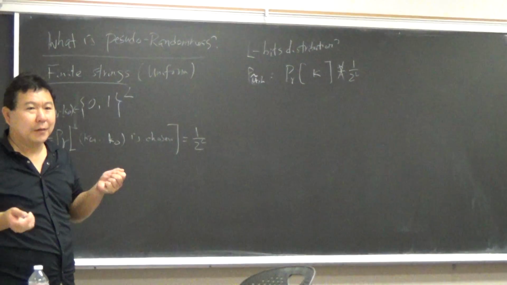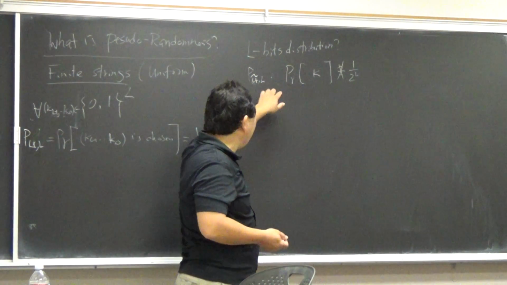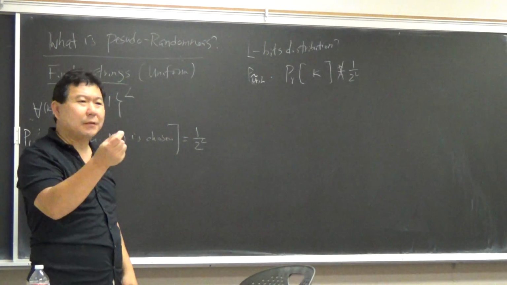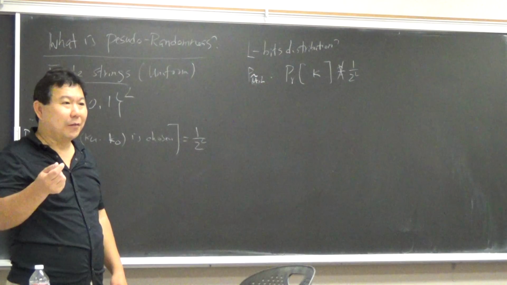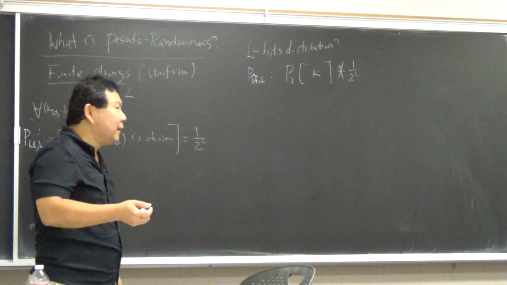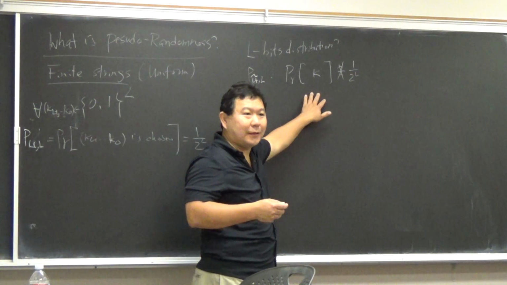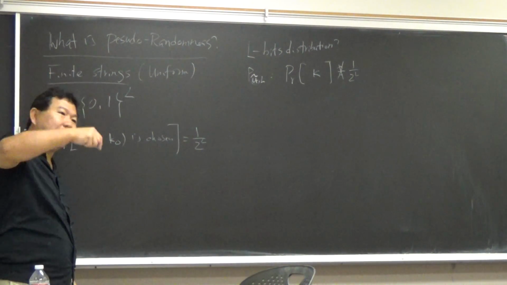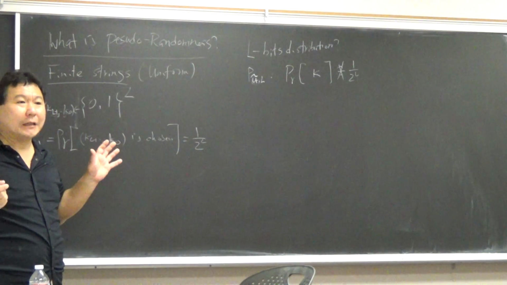One is to say that the probability is not exactly 1/2 to the L, but 1/2 to the L plus or minus some noise. Or you could look at the total variation: if you add up all the point-wise differences of probability, it's not too big.